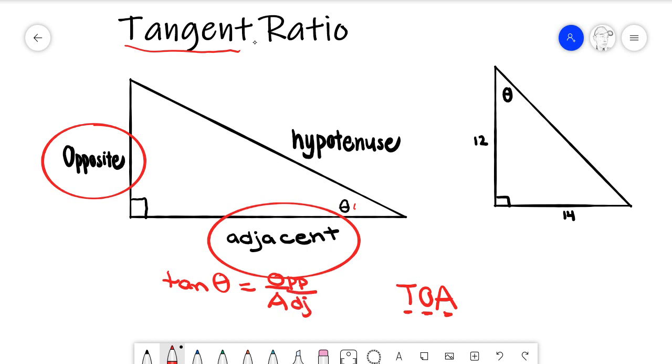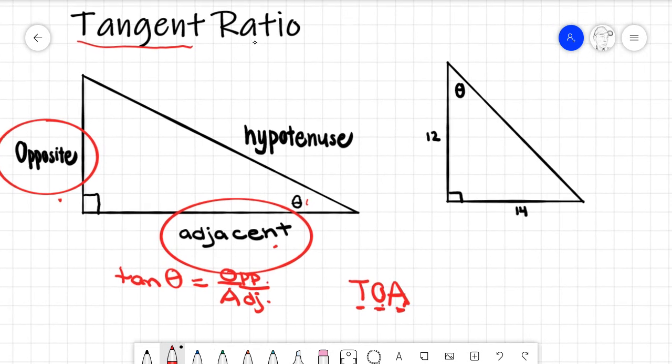So when we try to solve, we're going to substitute our opposite side into here and our adjacent side into here. Notice how TOA is even in order, so O and then A. O on top, A on the bottom.